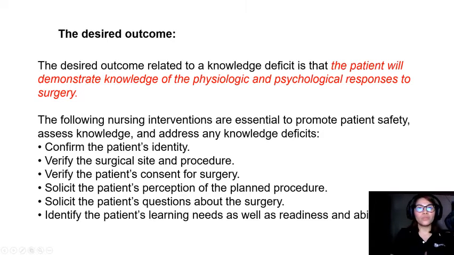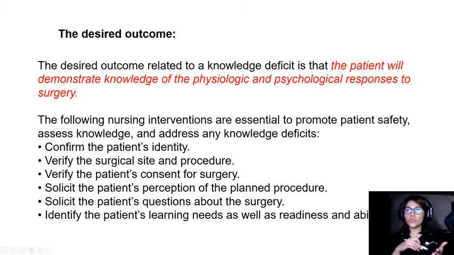First is you have to confirm the patient's identity. Okay, so you need to make sure that it is the correct patient. So in order to do that, you need to let the patient state his or her name, okay, or other information, and as well as you need to check the name tag as well. And then verify the surgical site and procedure.